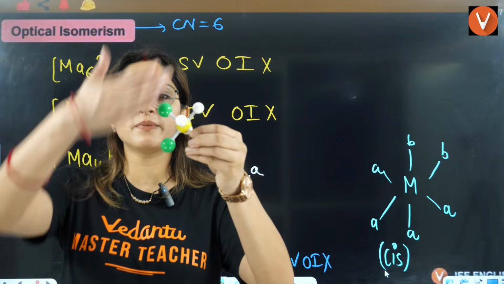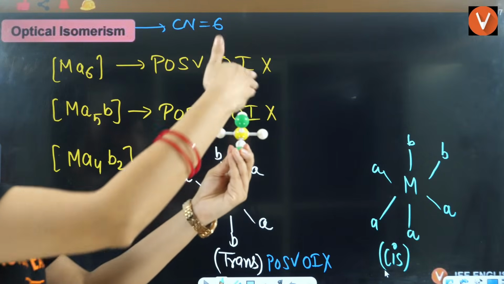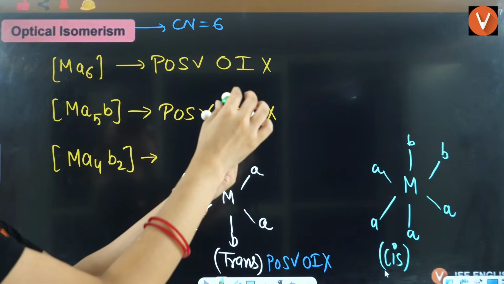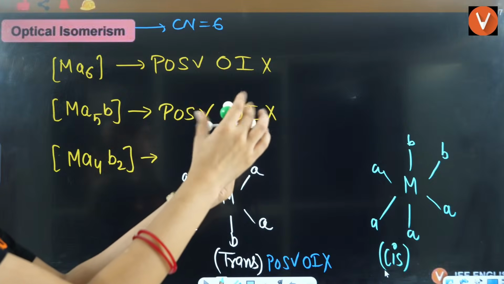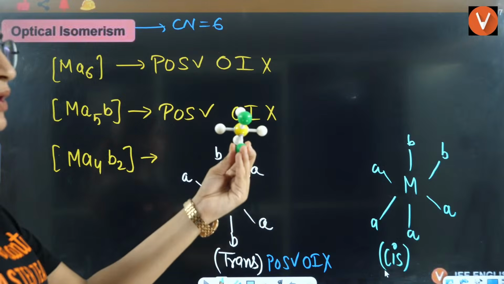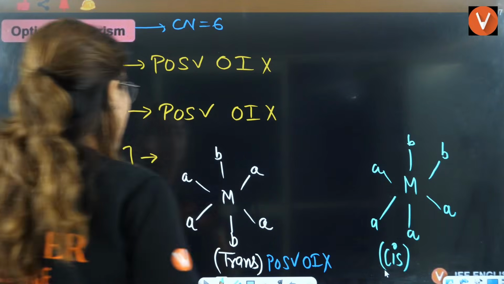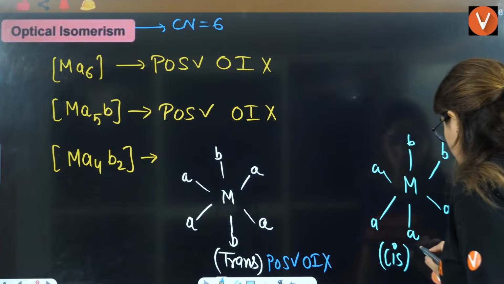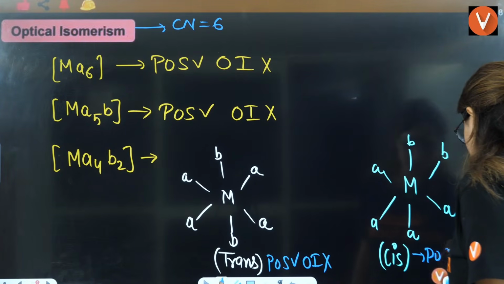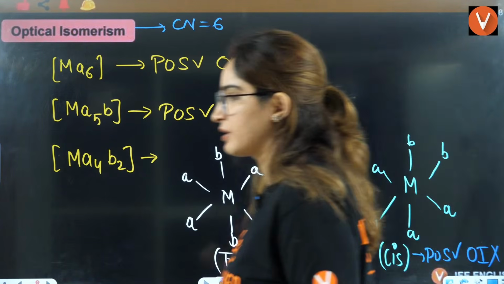This is the plane of symmetry. If you pass it from here, this will cut into equal halves. Others are the same only. So definitely POS is present here, so optical isomerism will not exist.